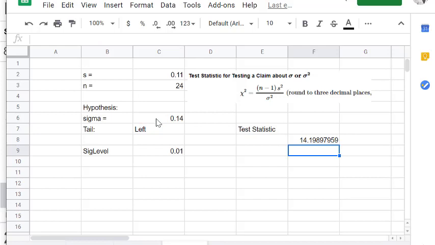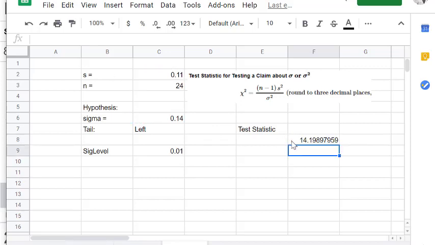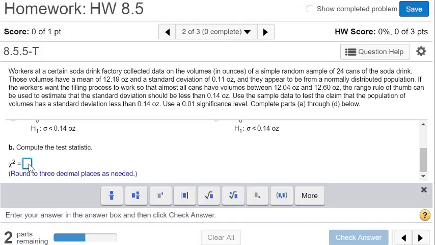Our test statistic is 14.19897. We want to round to 3 decimal places. The 4th decimal place is 9, and so we need to add 1 to the 8.